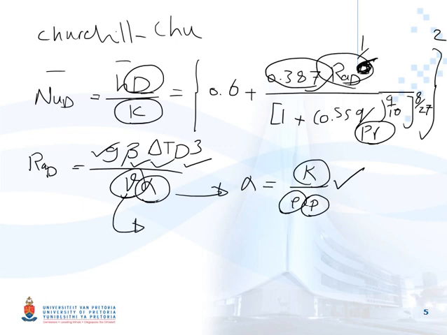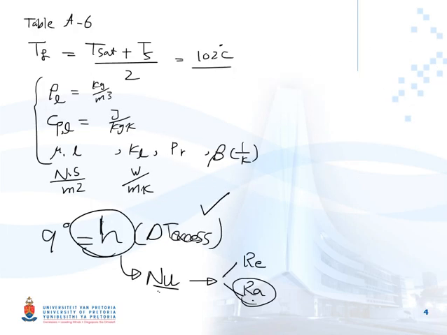How about here? First we need to find what this one is. Previously, when we went to the table, we just read it in Newton second per square meter.